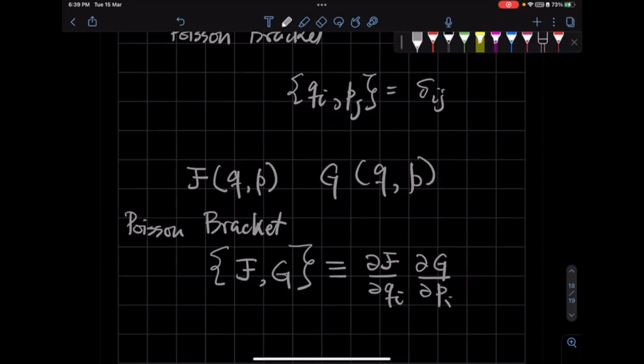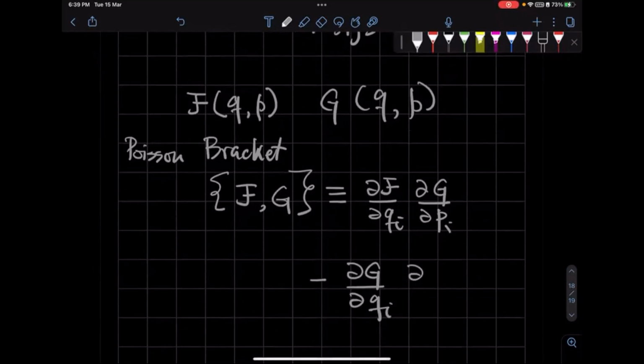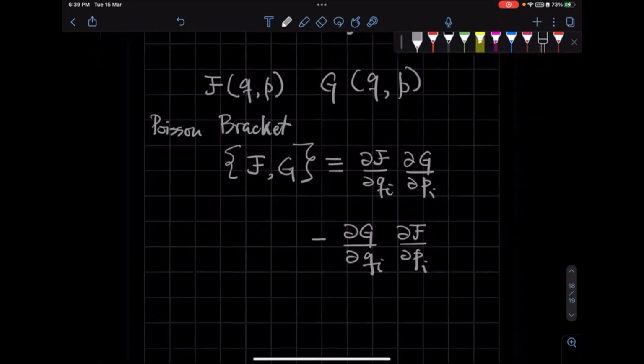So here we have a repeated index, so there's a sum, and then minus the derivative with respect to qi of g, and the derivative with respect to pi of f. Okay, so this is the Poisson bracket.